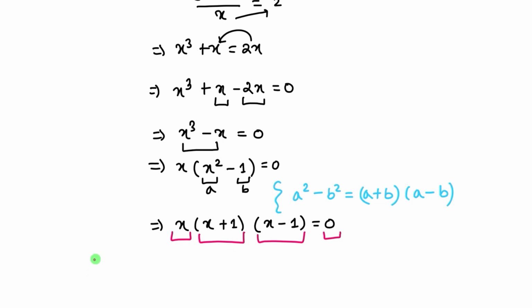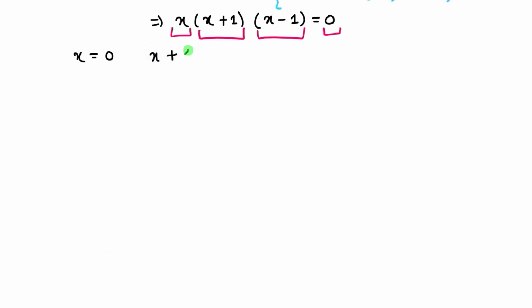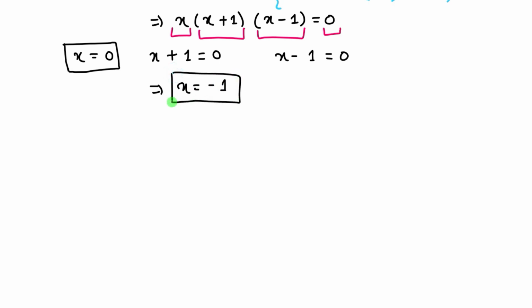So from here we can write x equals 0, x plus 1 equals 0, and x minus 1 equals 0. So x equals 0 is one of the solutions. Now here I'll take this plus 1 to the right hand side. So here we are getting x equals minus 1 as our second solution, and similarly I'll take this minus 1 to the right hand side.